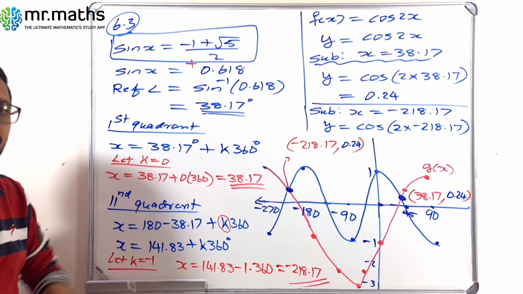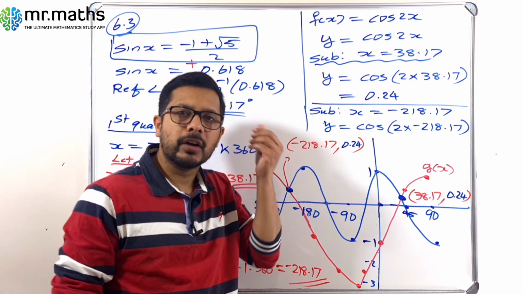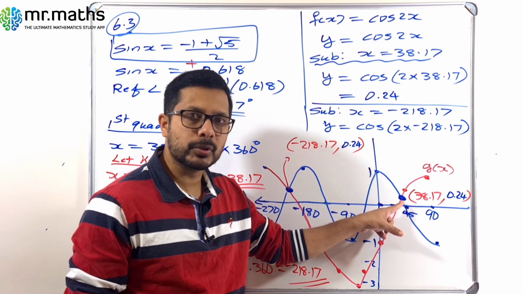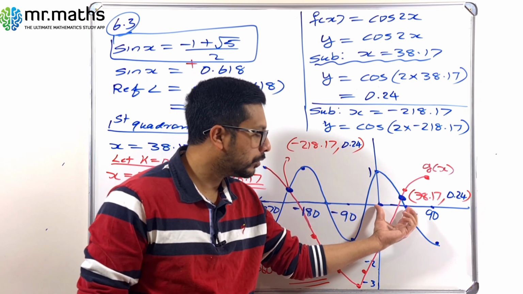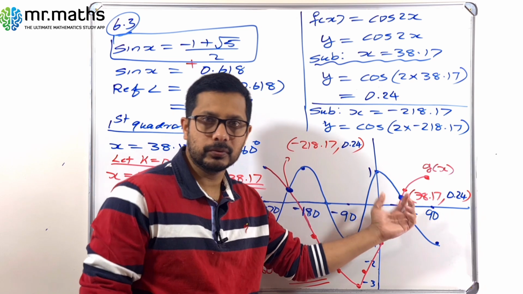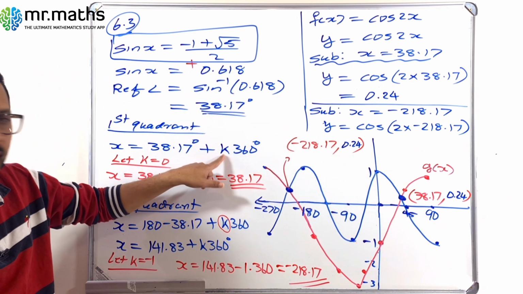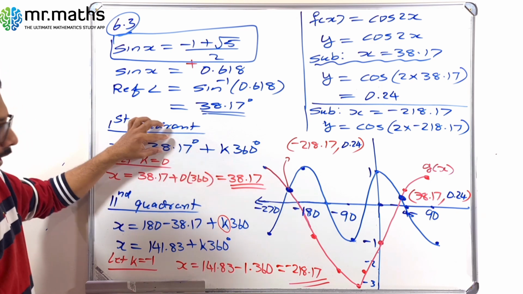What is our aim? We must have an idea for which k value to substitute so that I will get a value somewhere next to 45. Here 38.17, if I substitute k as 0, I will get 38.17.